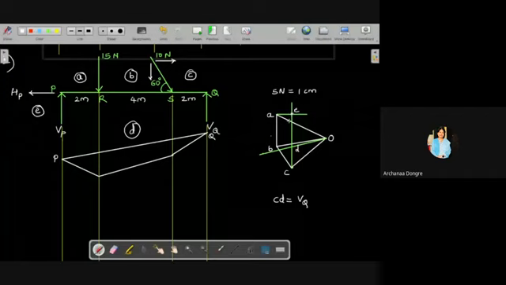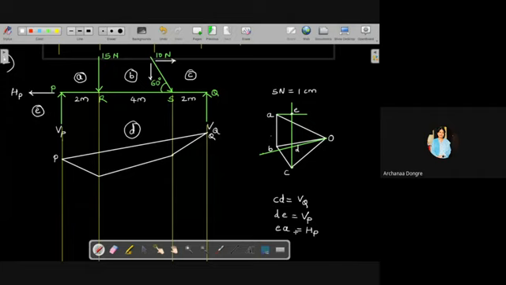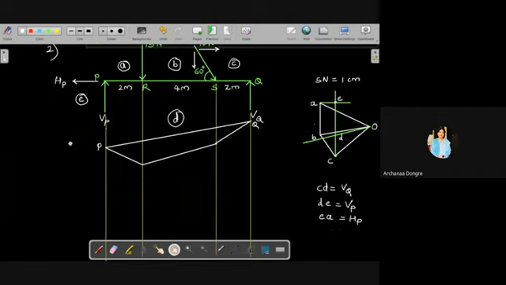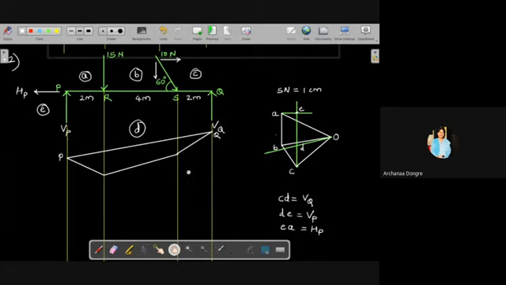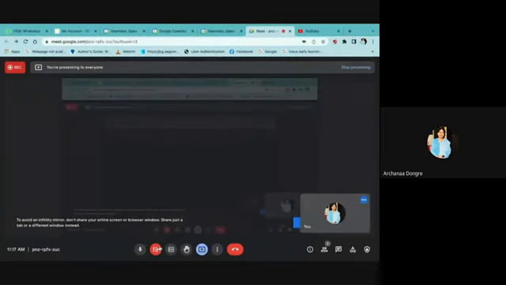Whatever D to E length you are getting, that is your VP, and E to A you are getting is your HP. Solve this problem with both methods, the analytical method and this method, and then verify your answer. You should get the same answer. Okay, so thanks for listening. Thank you.